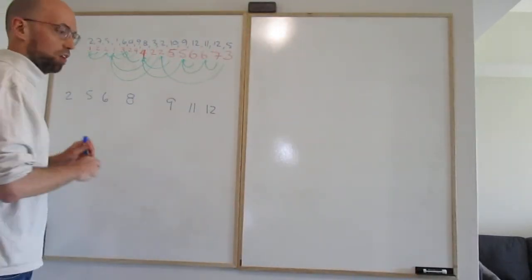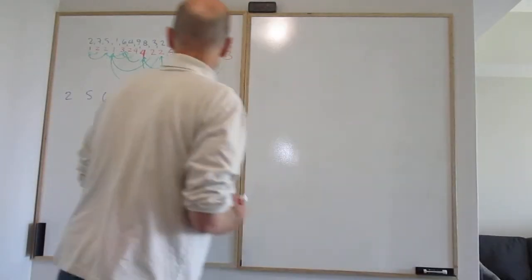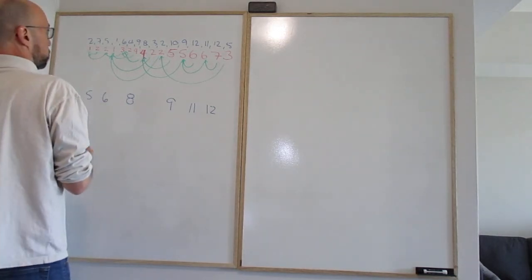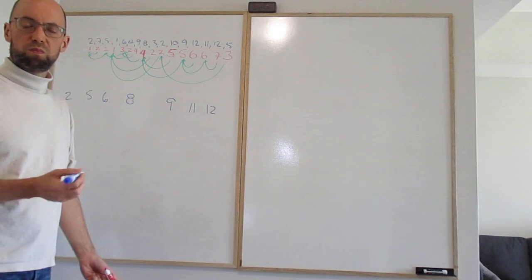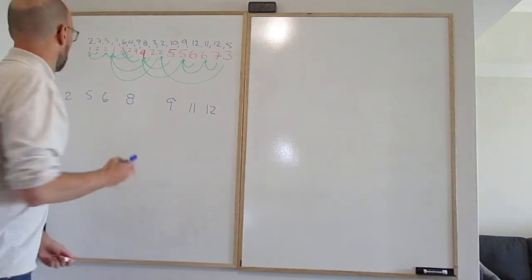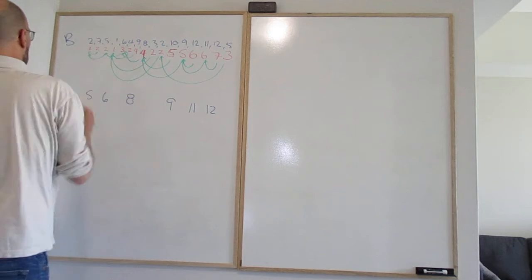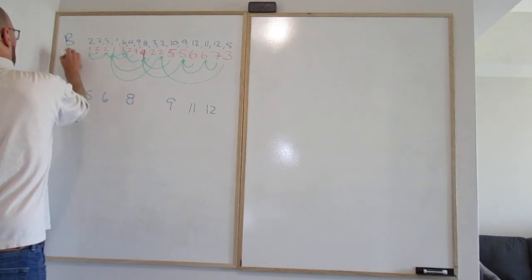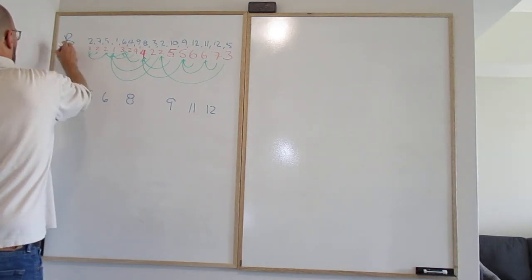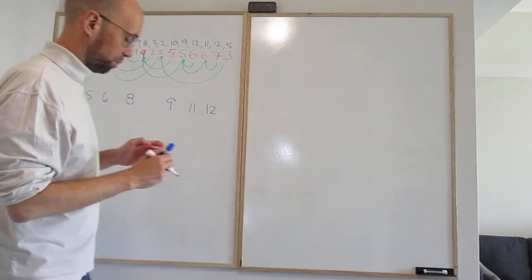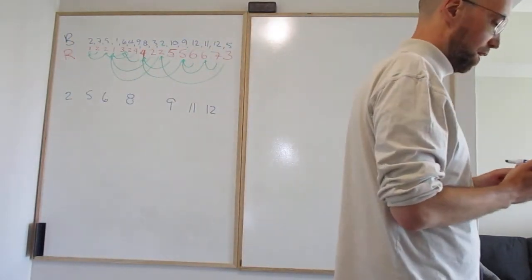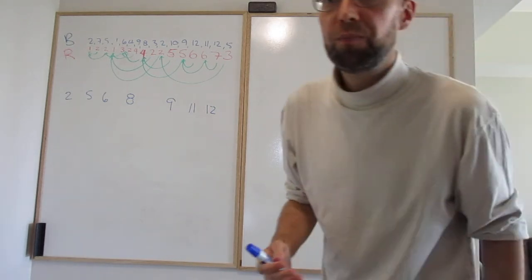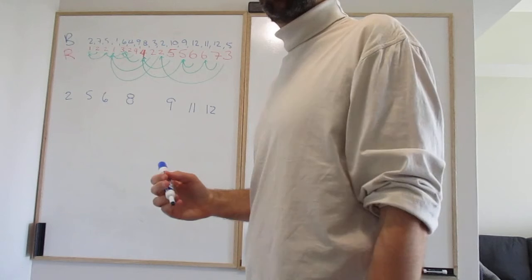Let's call this red array R and the blue array B. We're given B as an input. B is a good name for a blue array.